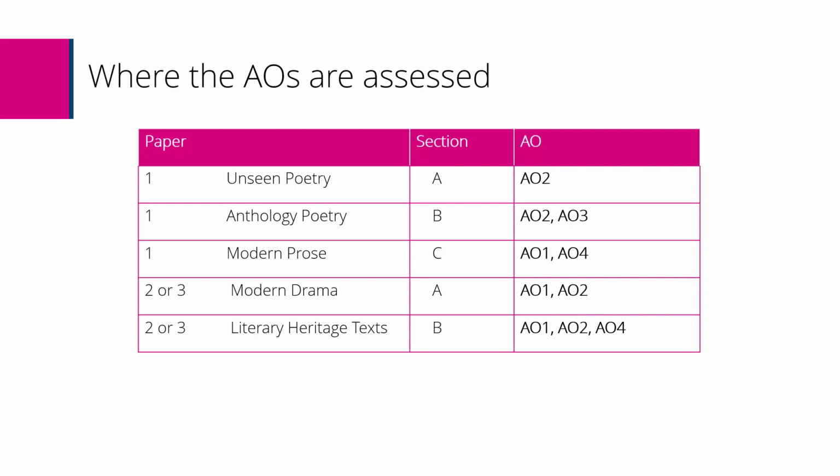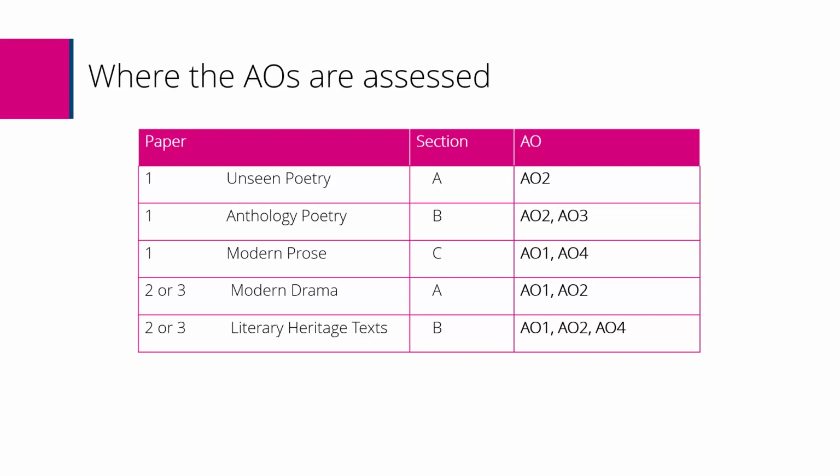And then the modern prose text, which they've studied in class, it's their knowledge and understanding of the text and the context for that modern prose text that they have already studied. And then paper 2 or 3, so exam or coursework for the modern drama, we're looking at AO1 and AO2, so knowledge and understanding of the text and the analysis of language, form and structure in the modern drama.